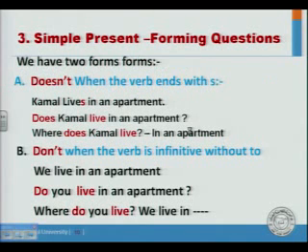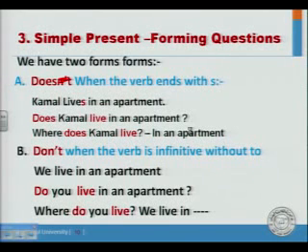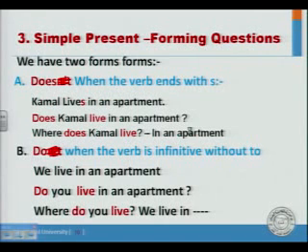Let's go back again to show you how to form a question. When the verb ends with S, we use does, and here we use do when the verb is infinitive without S. So this is the sentence again.